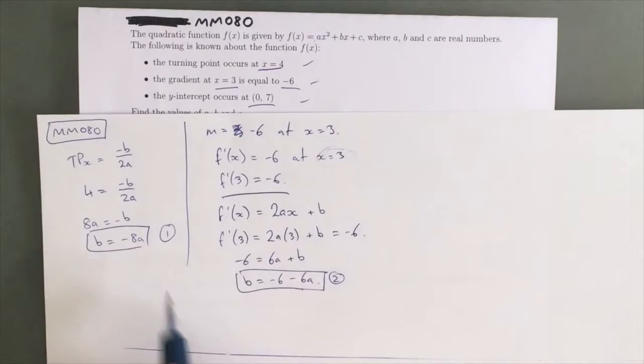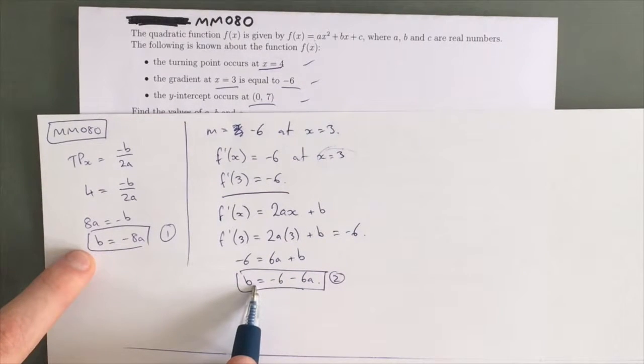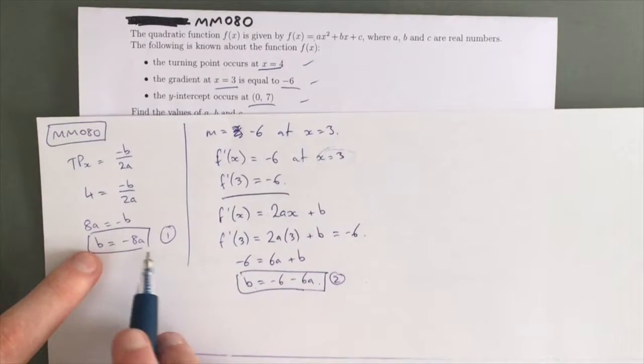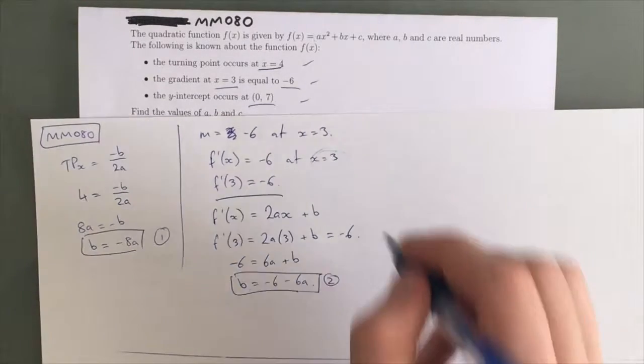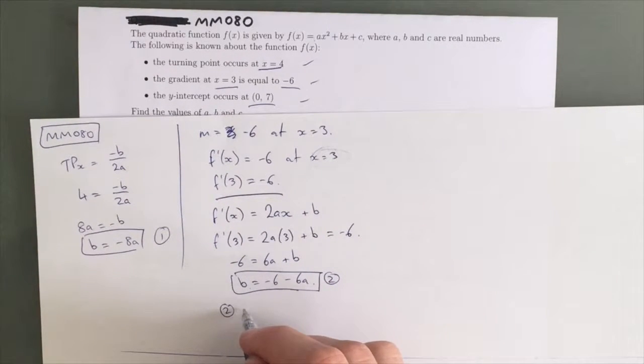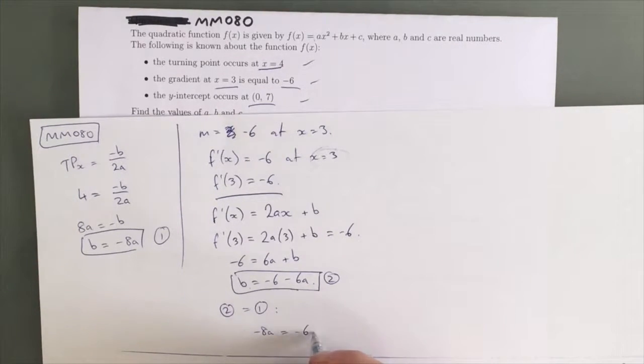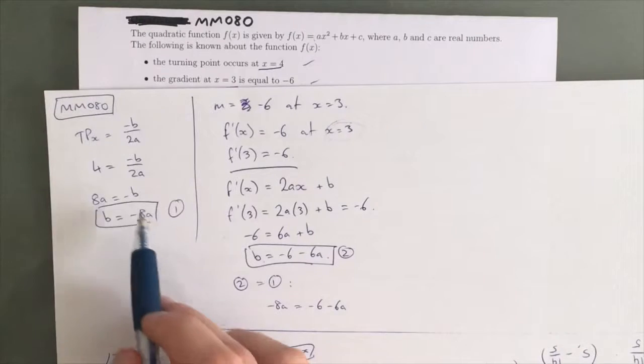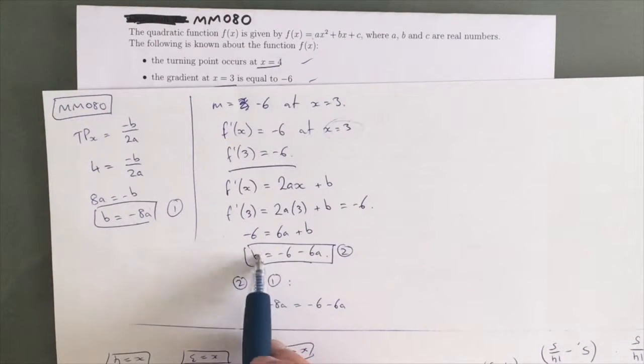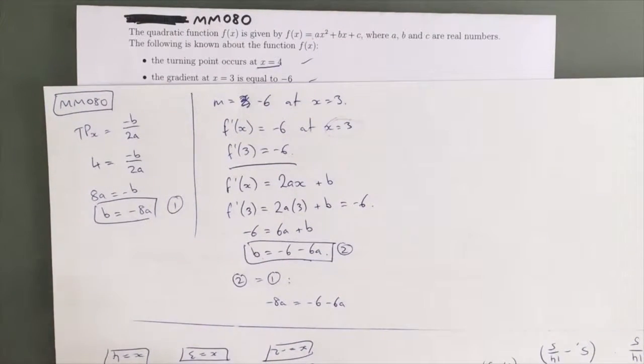And because we have b by itself in both equations, we can actually let these sides equal each other. So 2 equals 1, we get negative 8a equals negative 6 take 6a. And all we've done is just take this side and equal it to this side because they both equal b, which must mean they are the same.